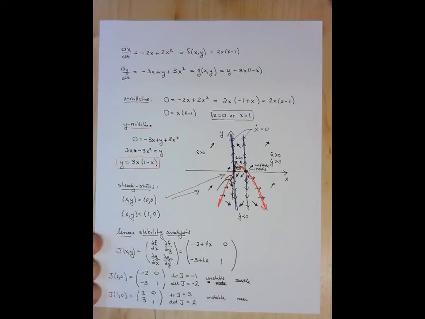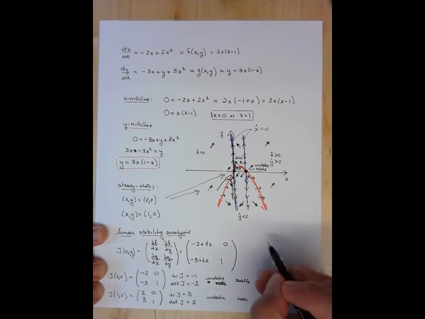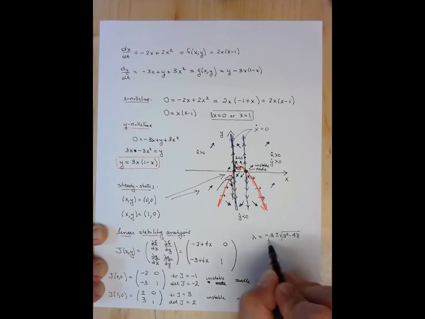To figure out what those eigenvalues are, remember that an eigenvalue is going to be the opposite of the trace of the Jacobian, plus or minus the square root of the square of the trace minus 4 times the determinant, divided by 2.